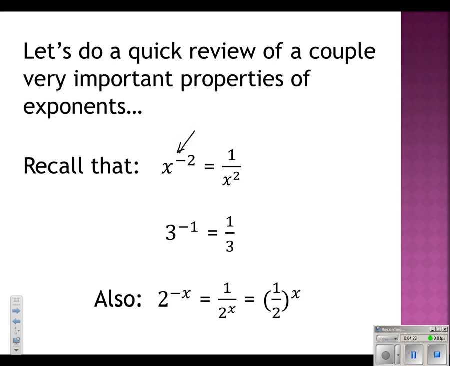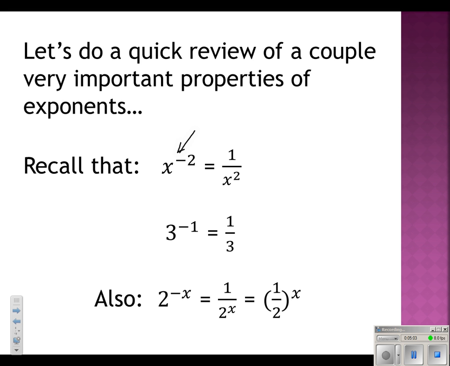By bringing x to the negative 2 underneath the fraction bar, that negative on the power disappears. Another example of that, 3 to the negative 1 power is equal to 1 over 3. If we had 2 to the negative x power, again we can rewrite that as 1 over 2 to the positive x. Another way that this could be rewritten, and I think that you will see and recognize this throughout some of our lessons, is we could rewrite that as 1/2 raised to the x power.